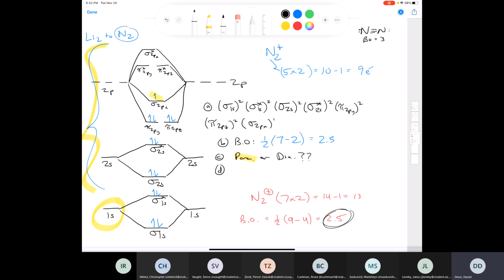And so this has a lower bond order, so it's not a triple bond, it's not a double bond. It's more than a double and less than a triple, and therefore it's going to be longer because it has a lower bond order. So we'll put here lower bond order equals longer. Okay, longer bond. All right.